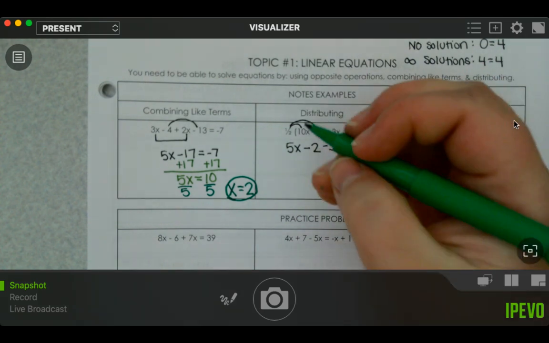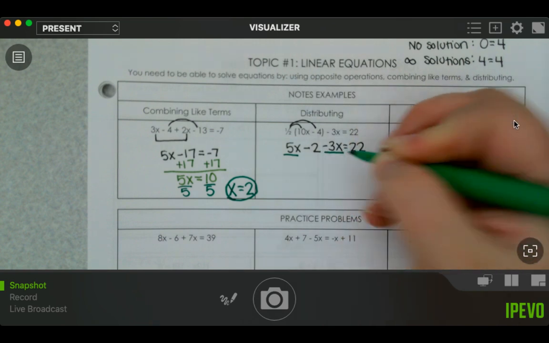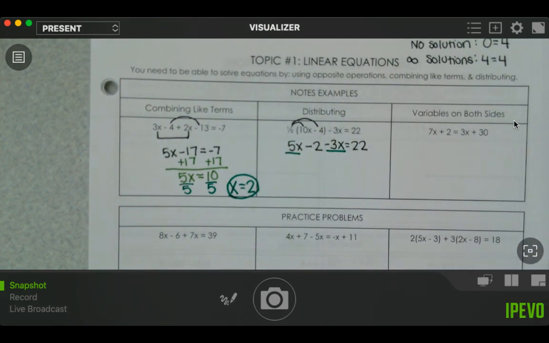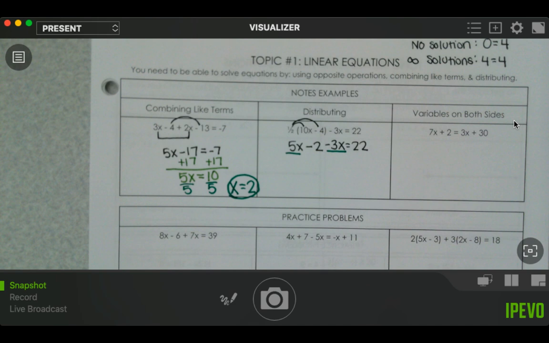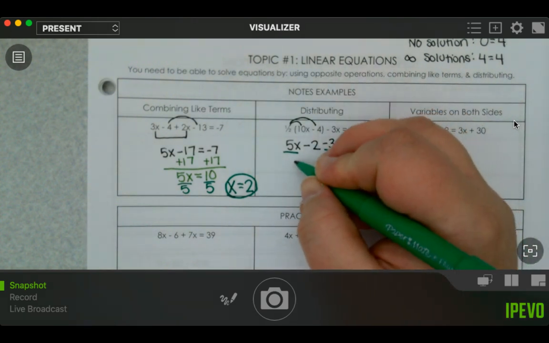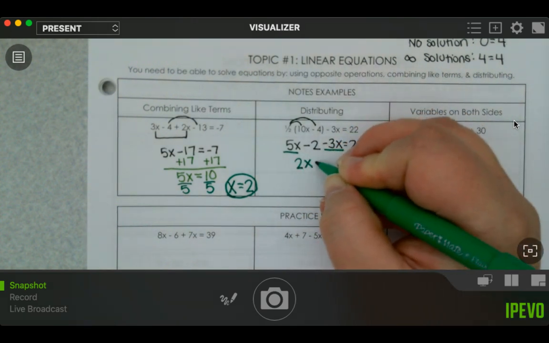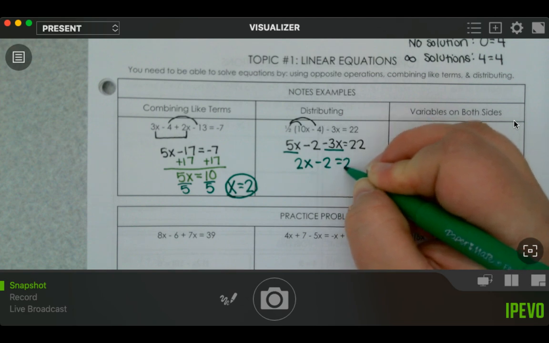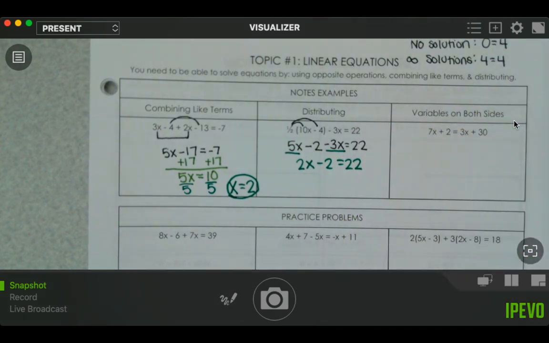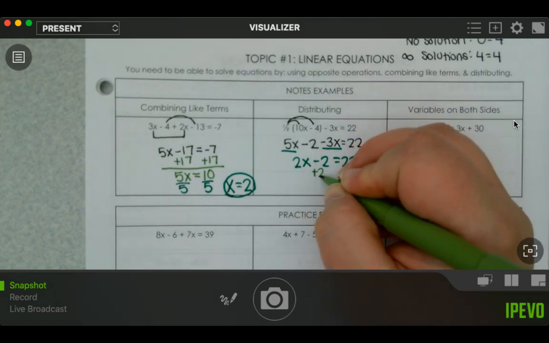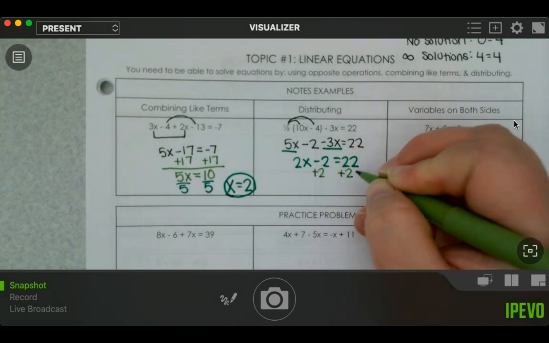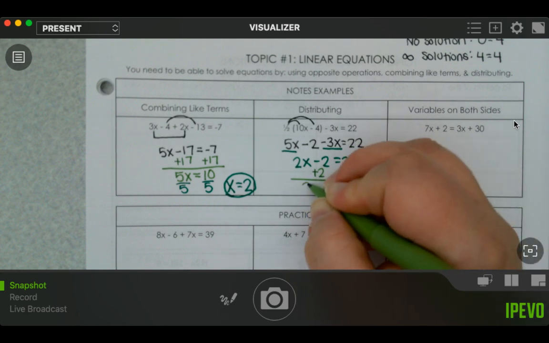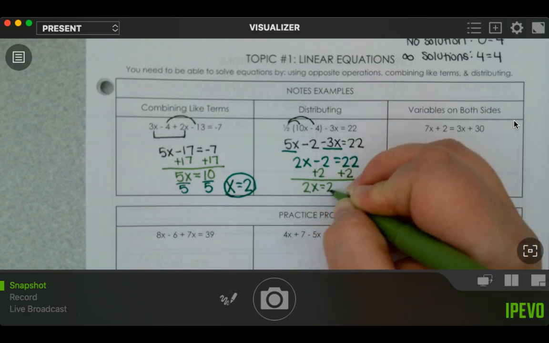Now, I'm allowed to add together the 5x and the negative 3x. They're on the same side, so I don't need to switch anything. 5 plus negative 3 is 2, and we keep the x with it. Then we're going to add that 2 to the other side so that we get x all by itself. 22 plus 2 is 24.